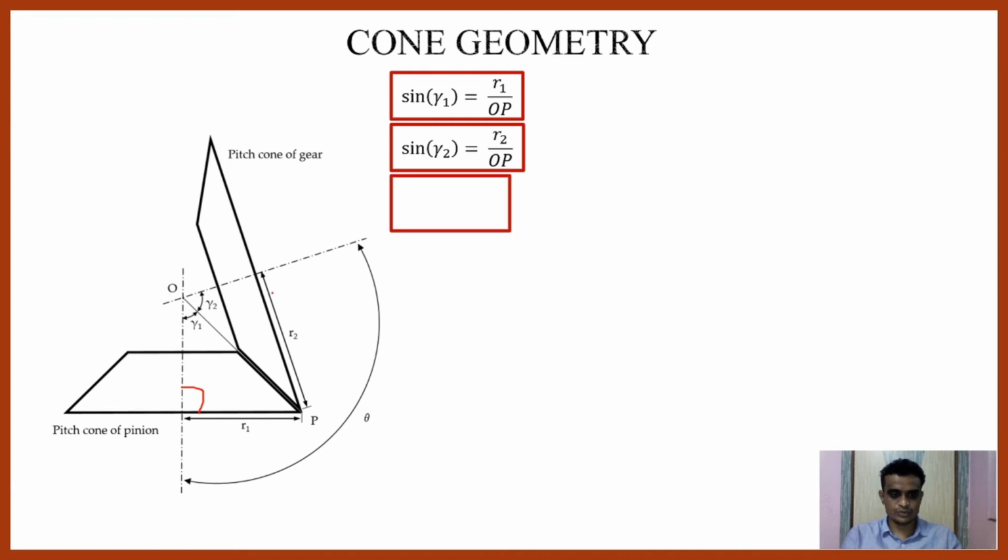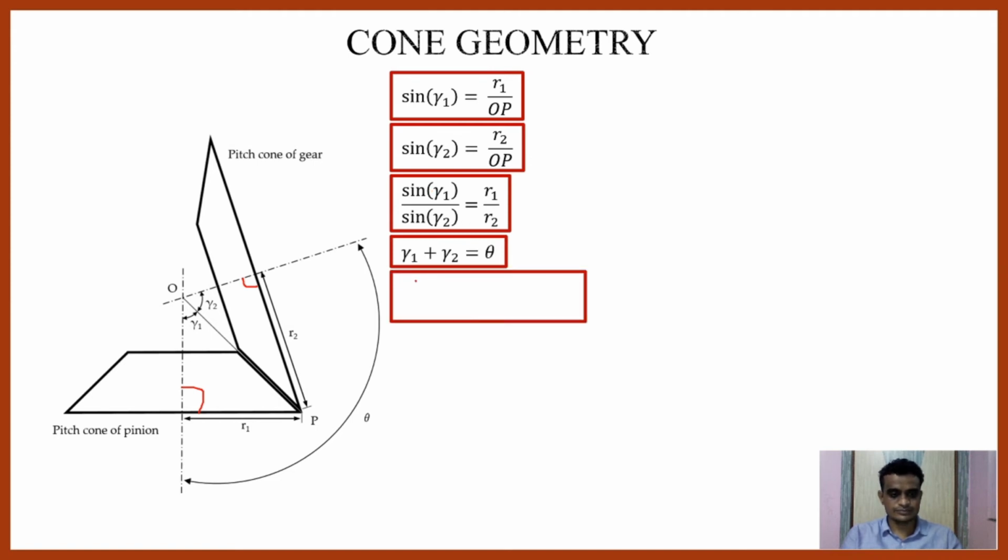Again, sine gamma 2, this is again a right angle triangle over here, the opposite side is r2 and the hypotenuse is OP. Now if you take the ratio of these two, you will find sine gamma 1 upon sine gamma 2 is r1 upon r2. Again, the total angle between these two shafts, which is the shaft angle theta, is gamma 1 plus gamma 2.